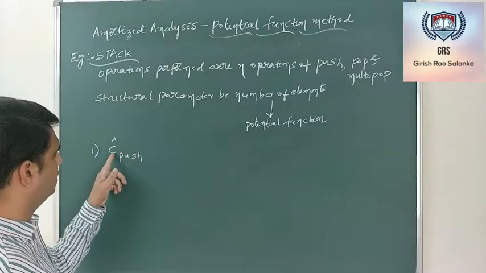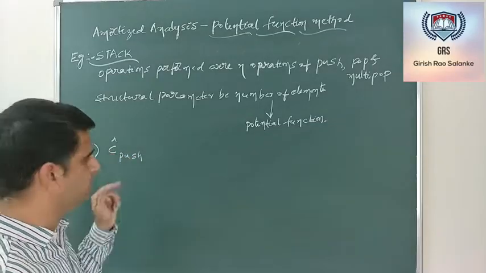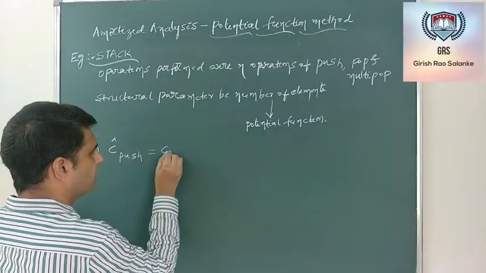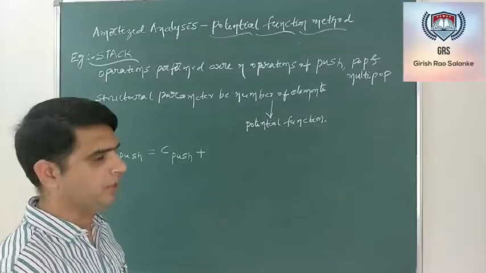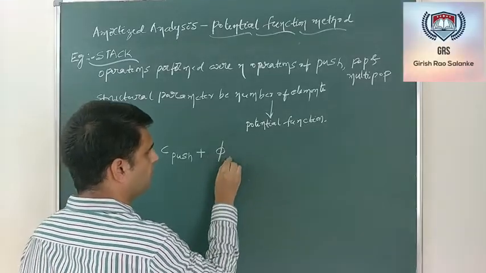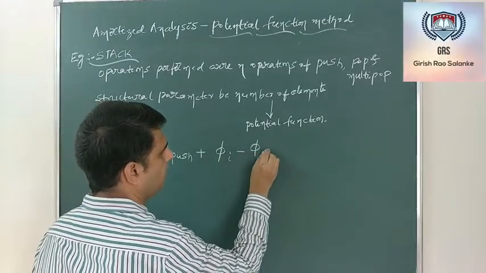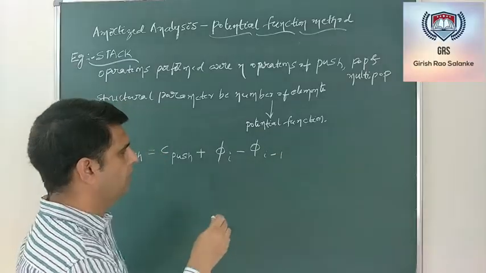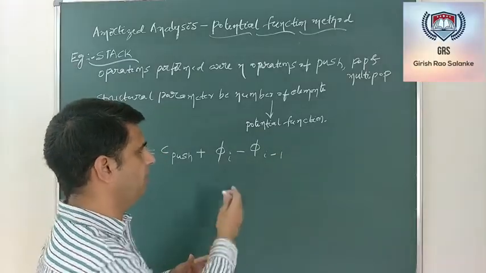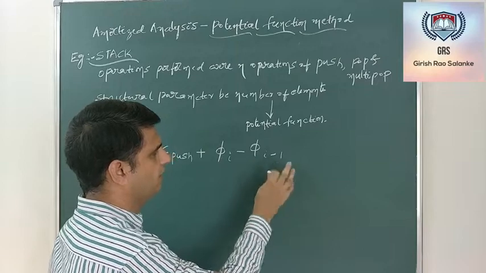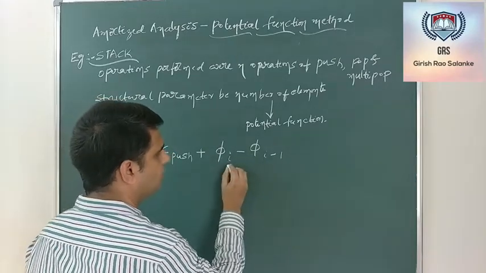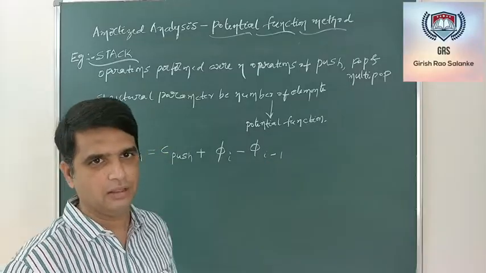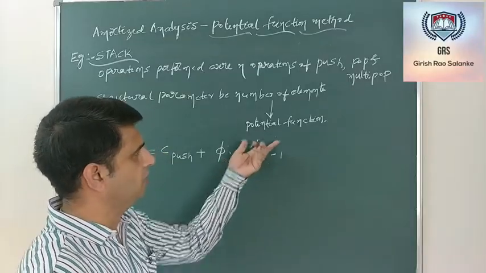Let me denote the amortized cost of performing the push operation as the actual cost of performing the push operation plus the change in potential. The change in potential is denoted as phi i minus phi i minus 1. Now what was the potential function?